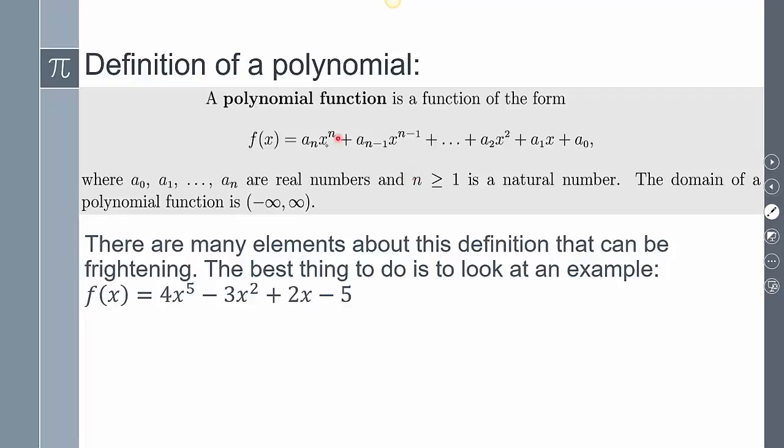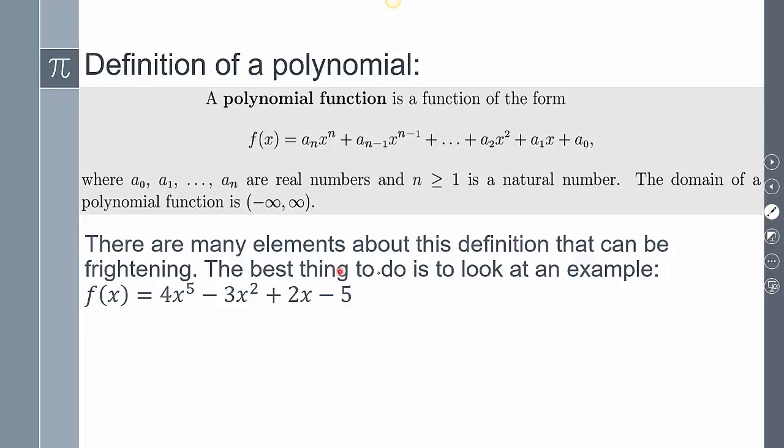Then my degree n is going to be greater than or equal to 1, and it is a natural number: 1, 2, 3, 4, 5, 6, 7, 8, 9, 10, etc. Also, the domain of all polynomial functions is negative infinity to positive infinity. That's really important, because if we find any contradictions to these, we can come back to that and say, well, that function is not a polynomial because it contradicted these statements we have above.